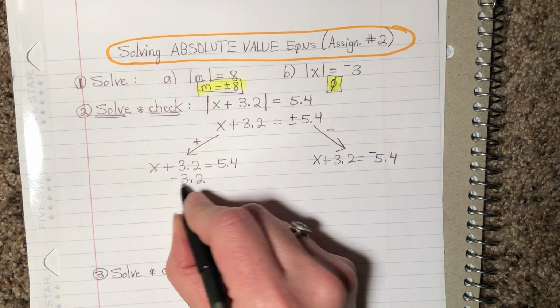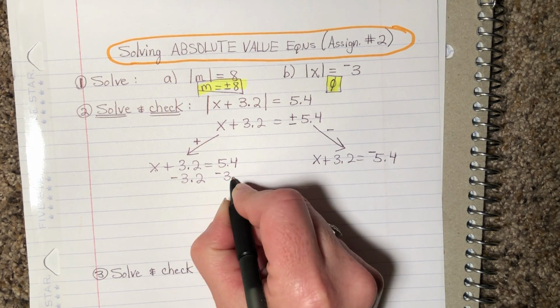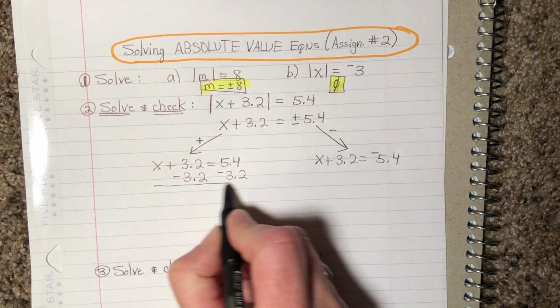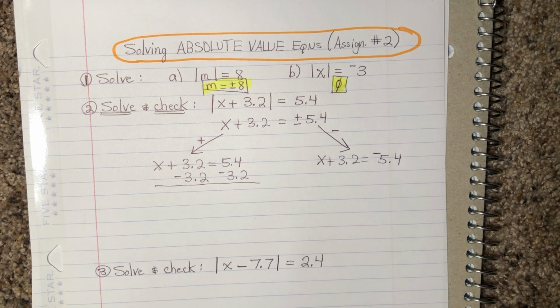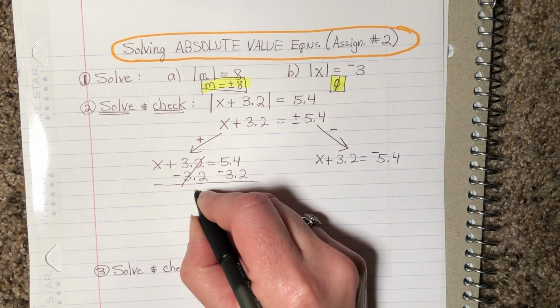But whatever you do to the left side, you have to do the same thing to the right side because an equation is a balance. It's like a scale, where you have the two sides, and you can't take 3.2 grams away from one side and take a different amount from the other side and have it still be equal. Okay, so that's going to cancel.